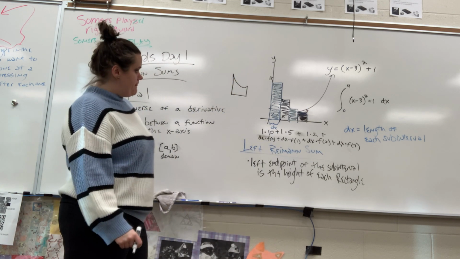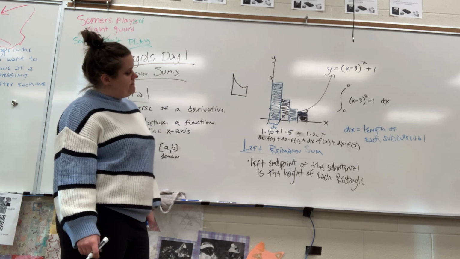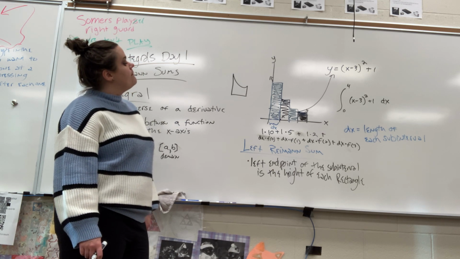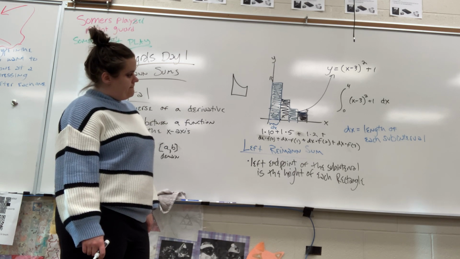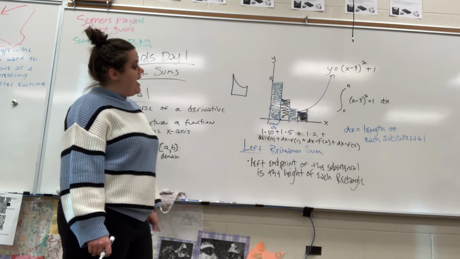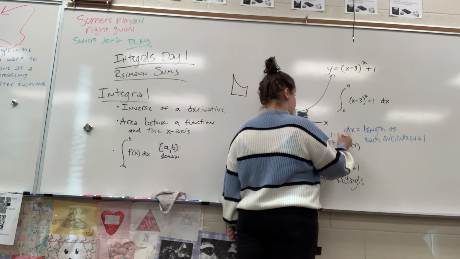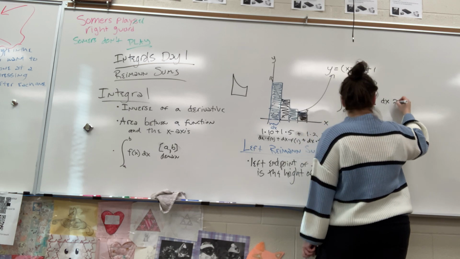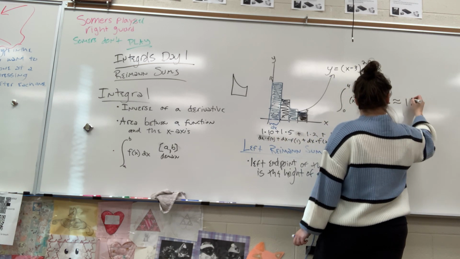So you find the base is 1 and you find f of 0, then you just add. And then f of 3 is what? 1. So the approximation of this integral would be 18.